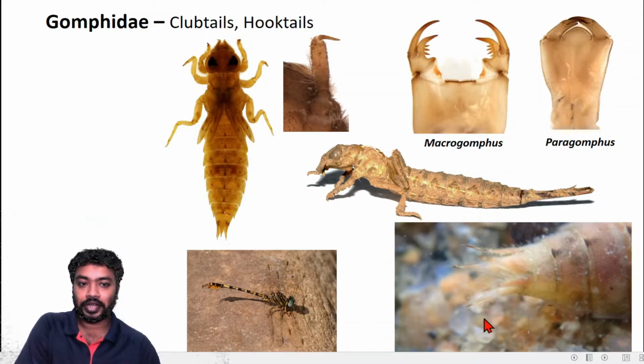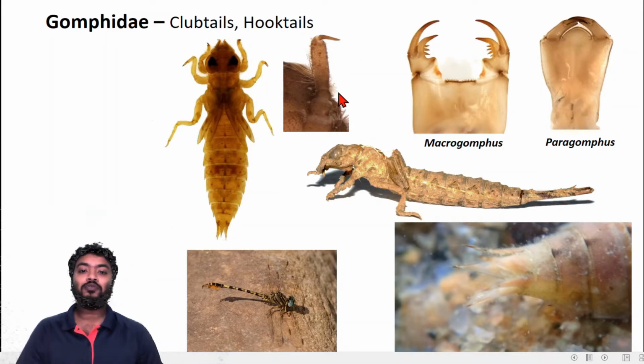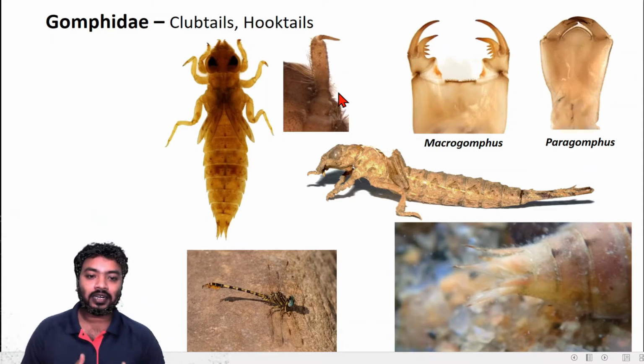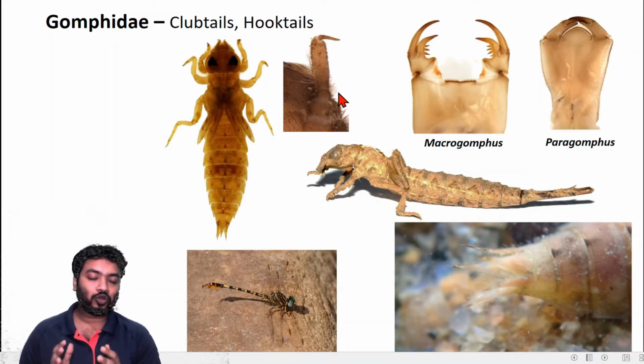So this is Gomphidae. I already told you that Gomphidae will have 4 segments in their antenna. So see, 1, 2, 3, 4. So always look for the shape of the labium, that will be flat, and then the number of antennal segments. If the exuvia or the larva has a flat labium, then it should be close to either Aeshnids or Gomphids.